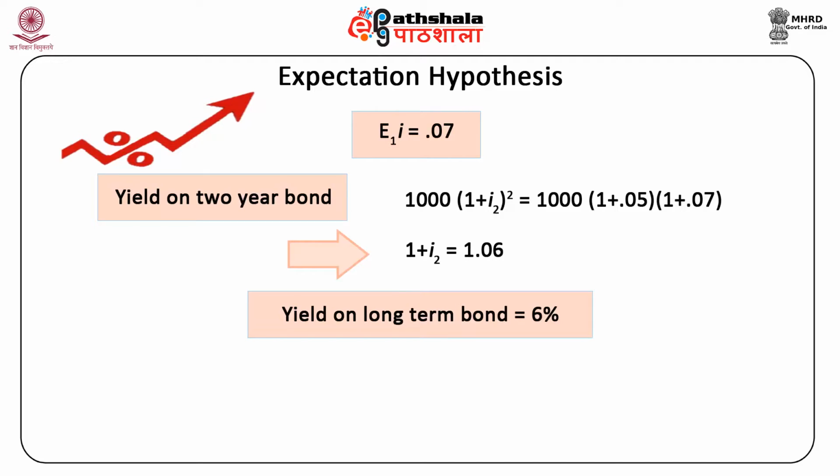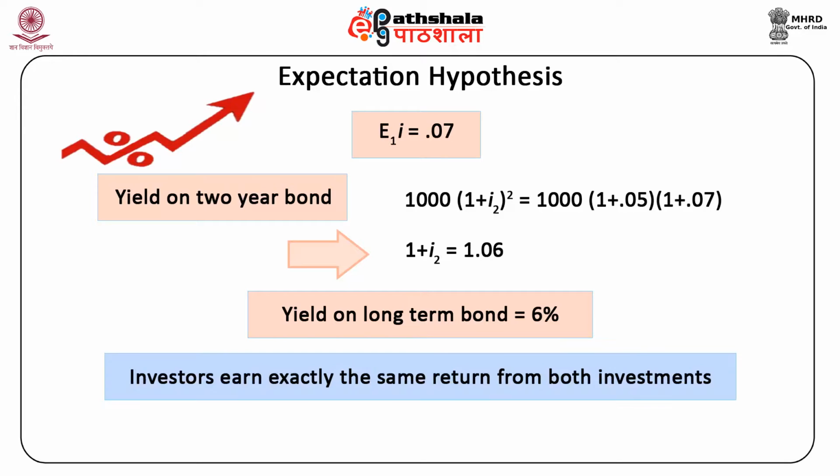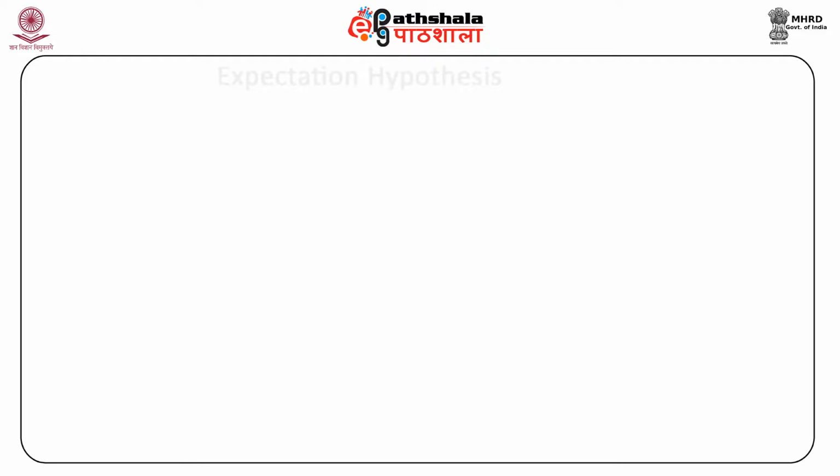Hence, yield on long-term bond, here 2-year bond, is 6%. At this rate, investors can exactly earn the same return from both investments, which is Vs is equal to VL is equal to 1123.5. This analysis reveals that according to expectation hypothesis, long-term yield is determined by expectations about short-term yields.